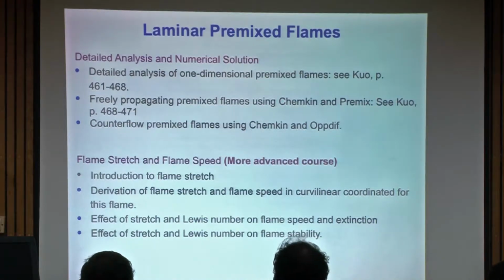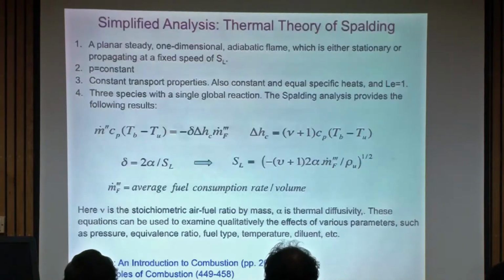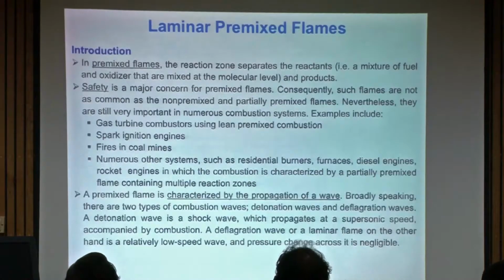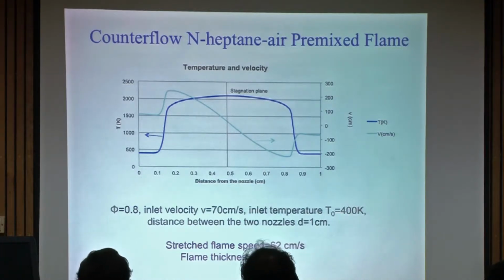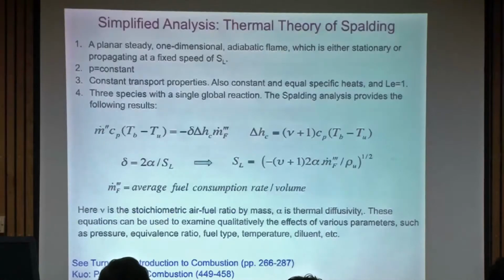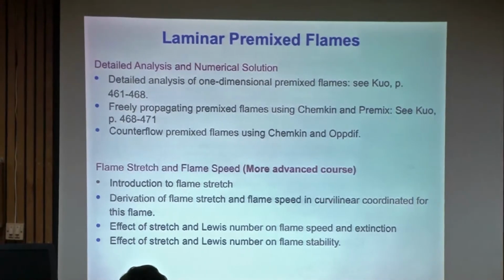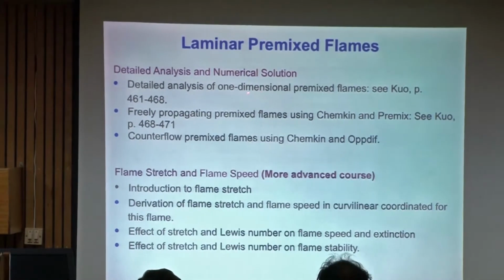I showed you some results earlier. Those were using this option. I can show you that again. It's right here. This flame. So you can do one-dimensional flame like freely propagating flame like in a tube.